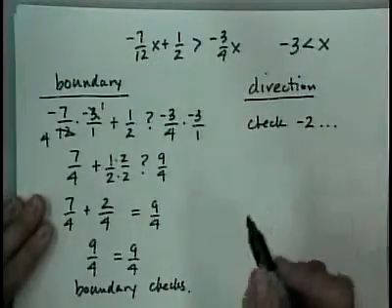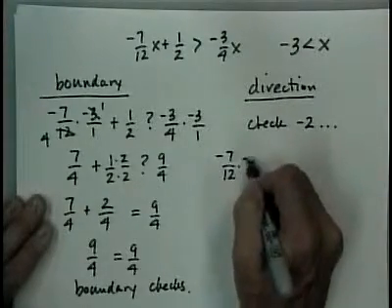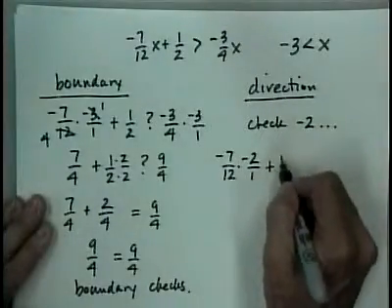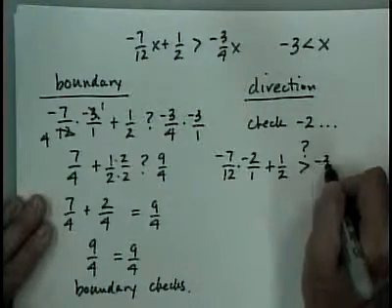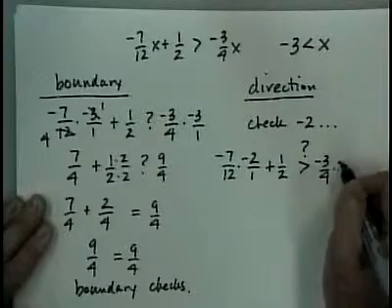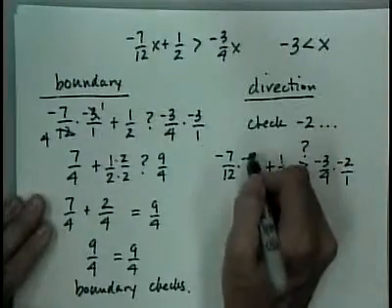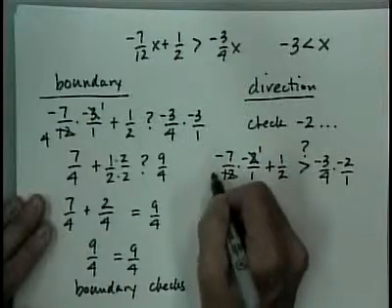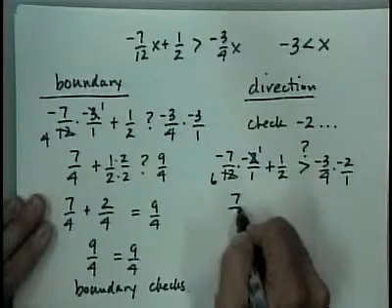Putting -2 in this inequality, we're going to find -7/12 times -2/1 plus 1/2, and we want to know if that's bigger than -3/4 times -2/1.